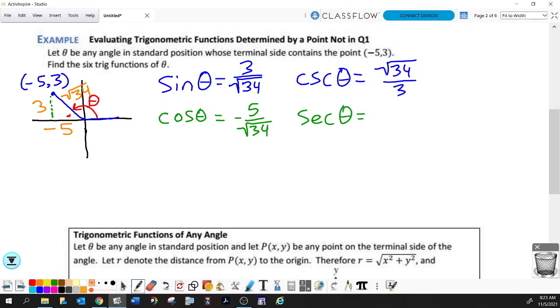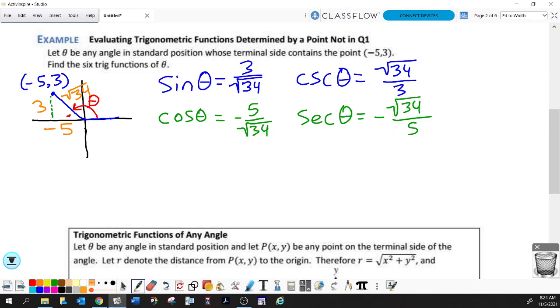Well, what's the difference between saying the 5 is negative or the whole fraction is negative? There is no difference, is the answer. As long as you know that a hypotenuse cannot be negative, you know which part of it's negative. But how interesting that cosine and secant gave us the exact same fraction in quadrant 2 as they did in quadrant 1, except for this time they were negative. How interesting.